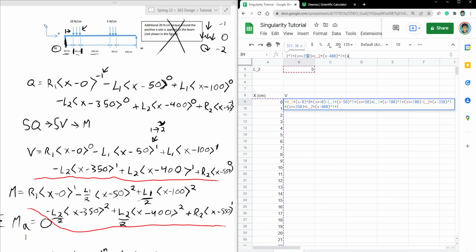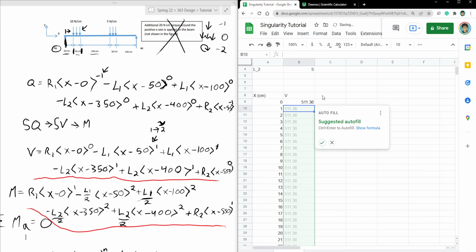Power of 1 times x is greater than or equal to... oh, that is the turnoff. So 400. And our final force is plus R2 times x minus 550 to the power of 0 times x is greater than or equal to 550.